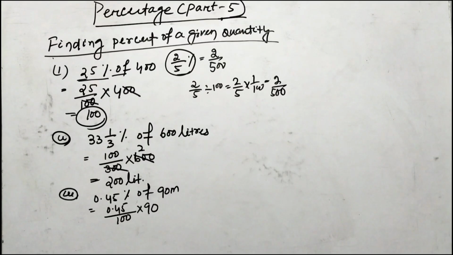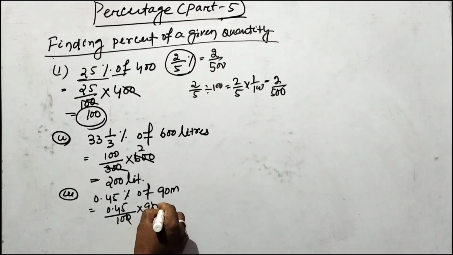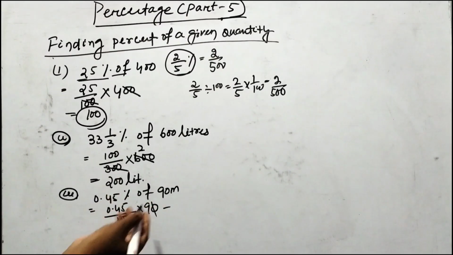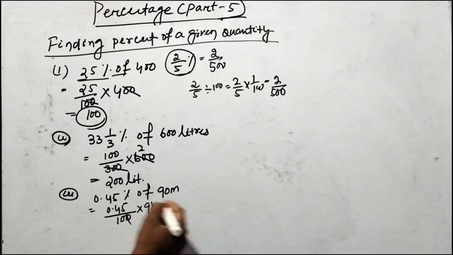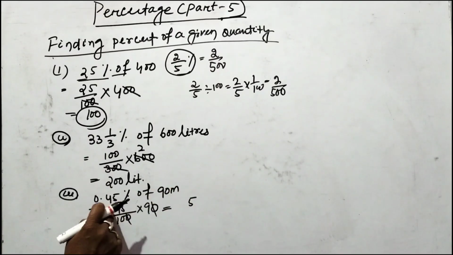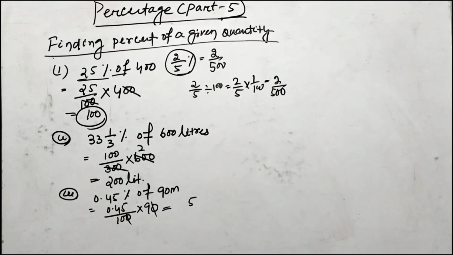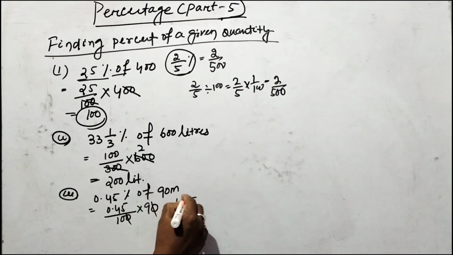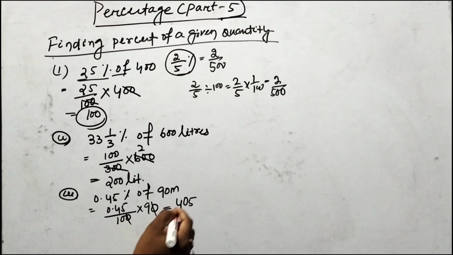So now you can cancel here, the zeros cancel. Now you multiply it. 45 into 9, how much is there? 5 nines are 45, 4 nines are 36, plus 4 is 40. That means 405. Then where do you put the decimal?